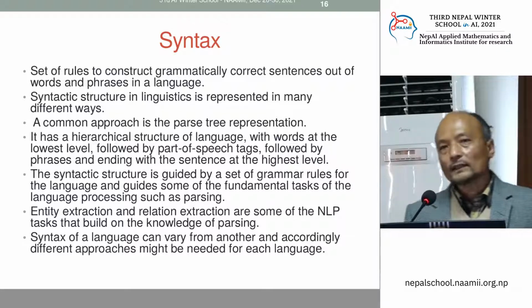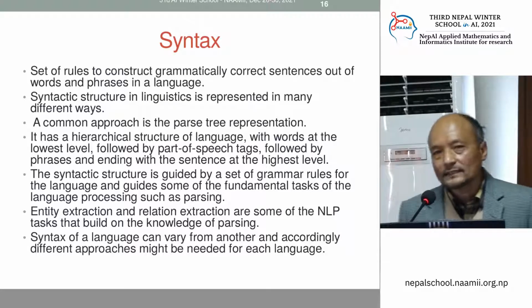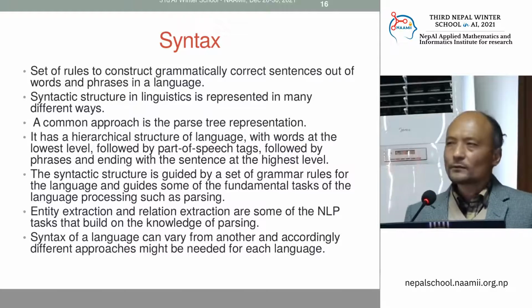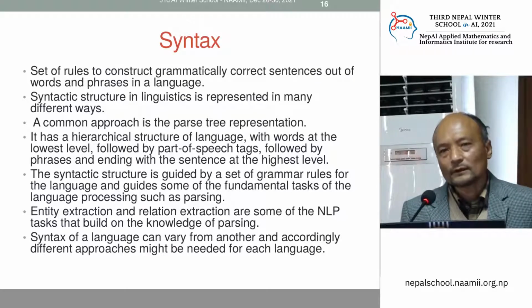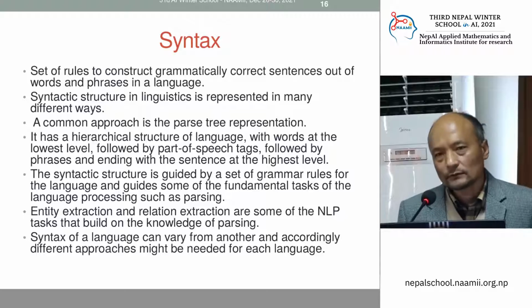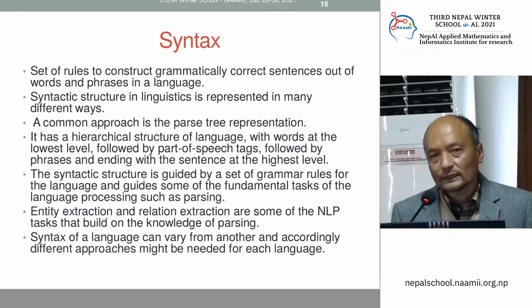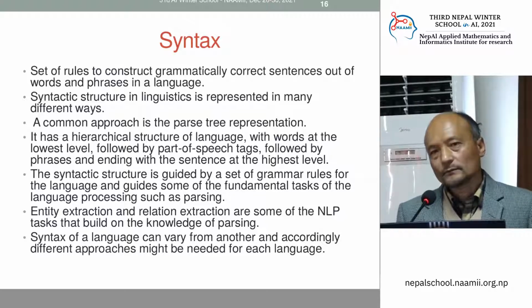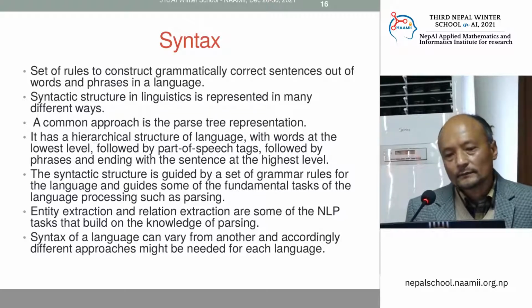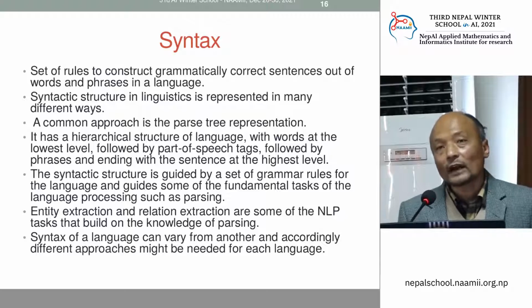In case of Nepali and other Indic languages, for example, even some European languages, this phrase structure grammar is not very suitable to do the analysis or the parsing. Instead, we need to go for some dependency formalism or dependency grammar formalism, right? Because it follows Panini grammar.